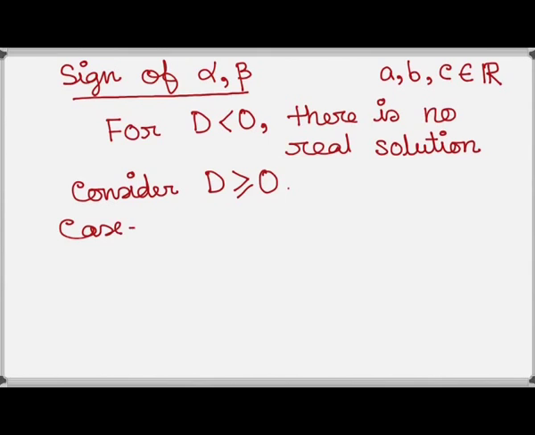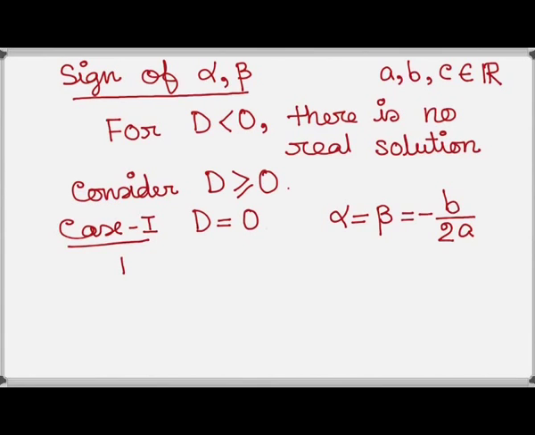Let us consider our first case as D is equal to 0. In this case, we have alpha is equal to beta is equal to minus b divided by 2a. So if b is strictly bigger than 0, then in this case we have alpha and beta, both of them are strictly less than 0.